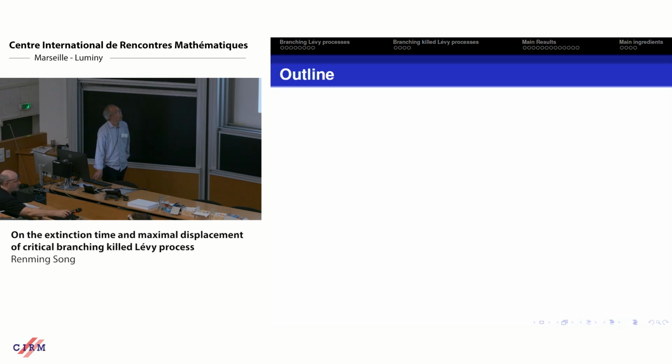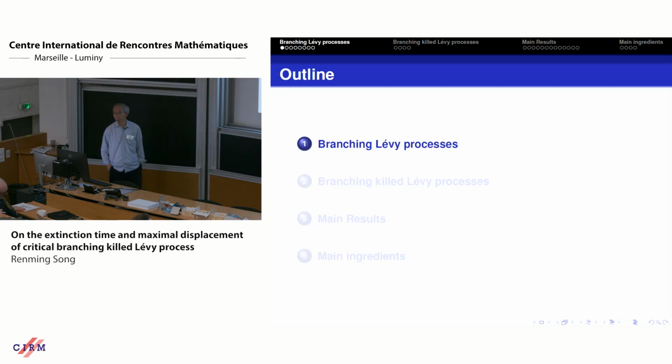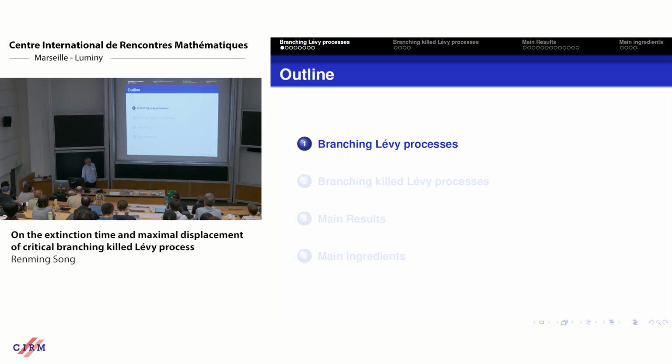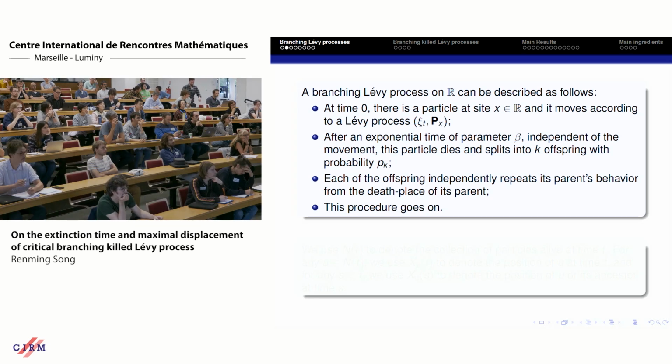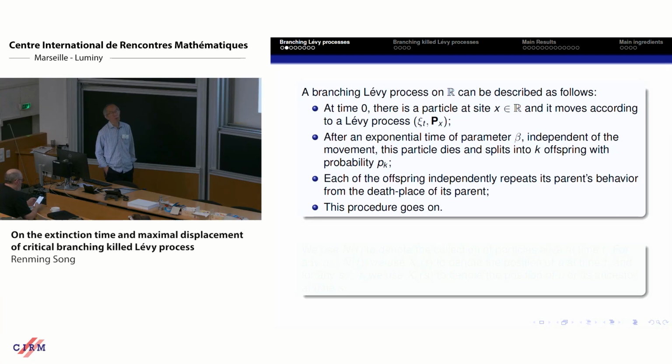I'm going to talk about critical killed branching Levy processes, but let's first start with branching Levy processes. Most of you are familiar with this, but I'm going to start from the beginning. A branching Levy process on the real line can be described as follows. Initially there's a particle at a certain site x, and this particle moves according to a Levy process starting from that point.